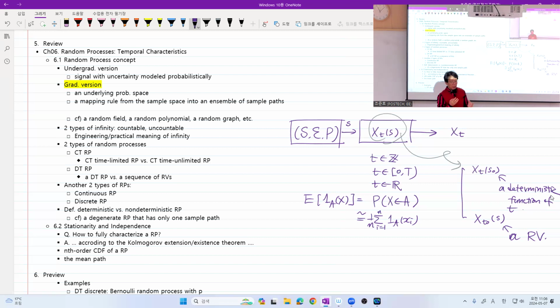For example, if the random vector has 100 elements, then your full characterization usually requires a 100-dimensional CDF, right? Now you have an infinite number of random variables. So in general, it is impossible to fully characterize a random process because it's too complicated.